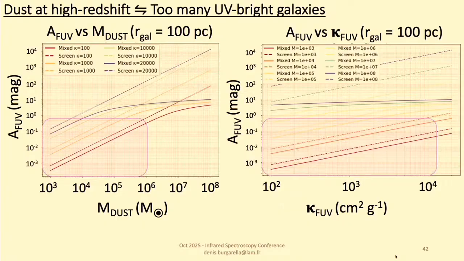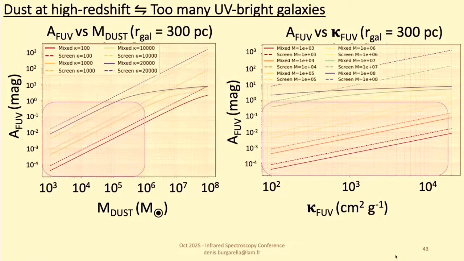You see that you are very easily able to get low dust attenuation using the values that I showed before. And using all the range that I found, you also get this dust attenuation, whether the galaxies are at 100 parsec or 300 parsec. This is even better. You can explain these galaxies.